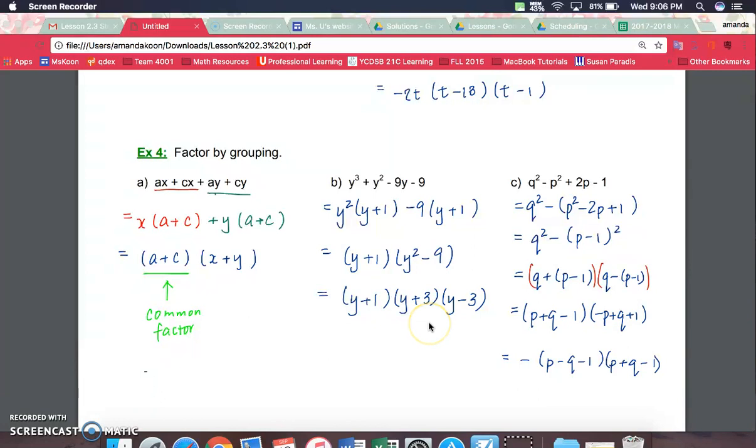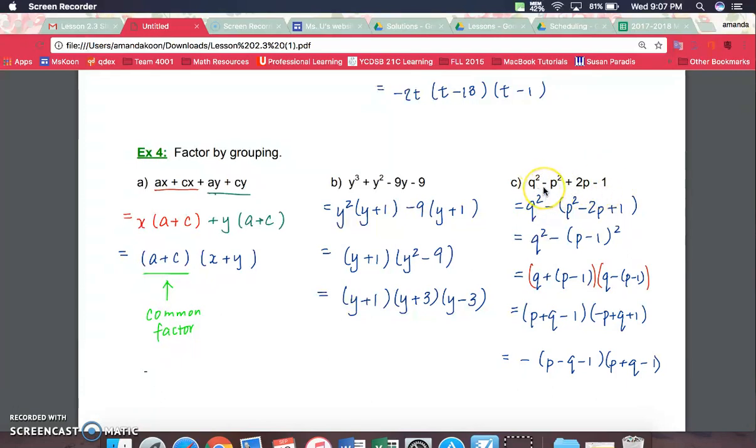Do we always group by first two terms and last two terms? Of course not. You can always, as I said, do this strategically. Take a look at C. I have a q sticking out here, and there are no q's in the last three terms. So if I do group 1, group 2, that's not helpful.